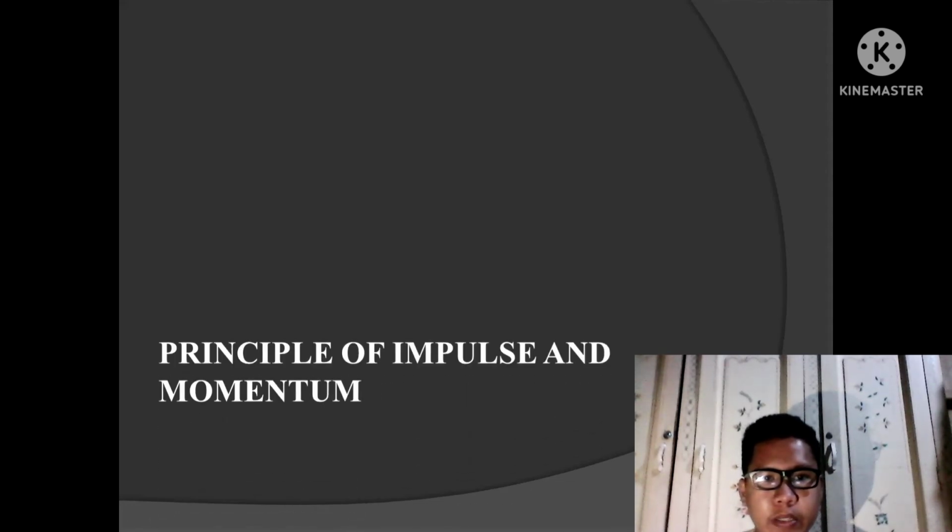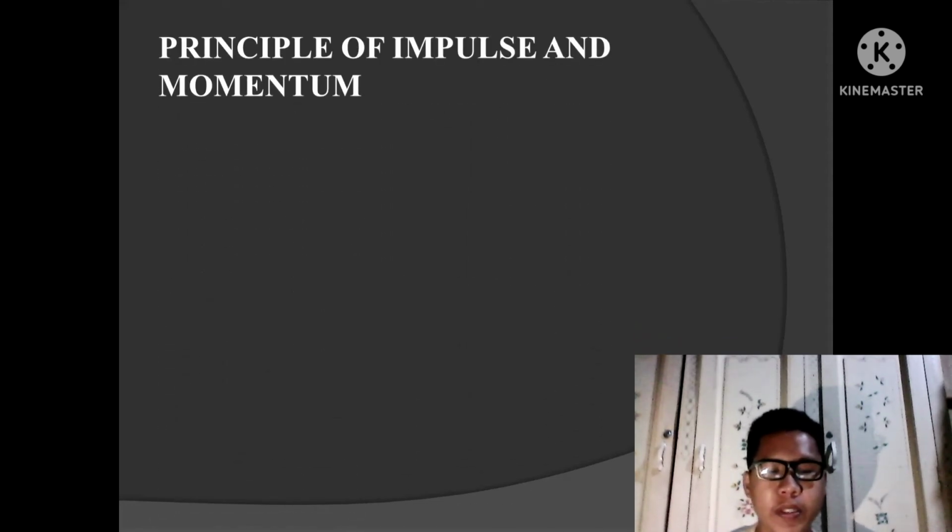Let's proceed to the principle of impulse and momentum. As we all know, the principle of impulse and momentum is the third basic method of solving problems involving the motion of particles.